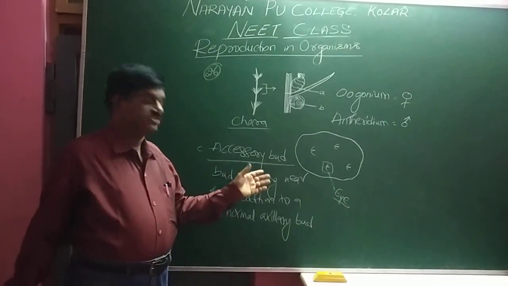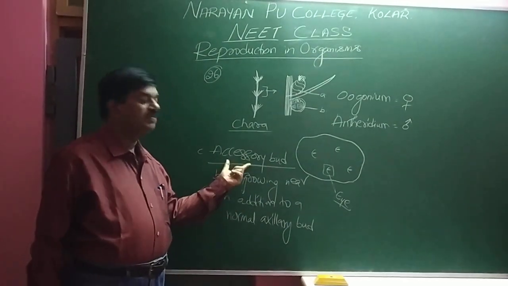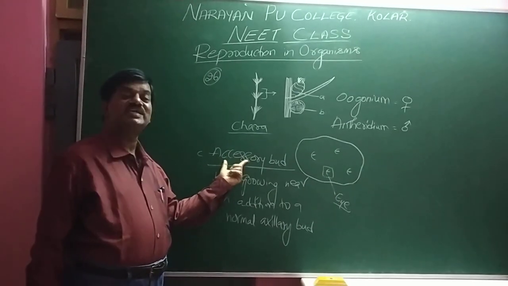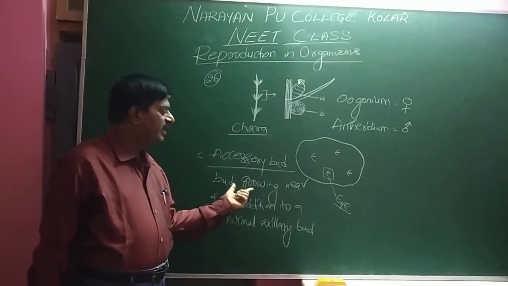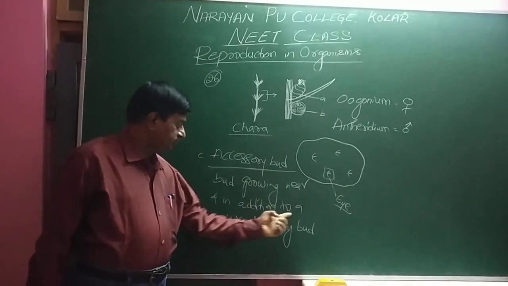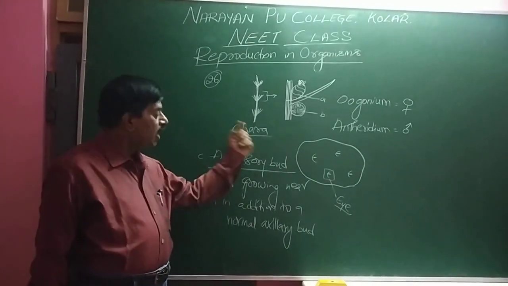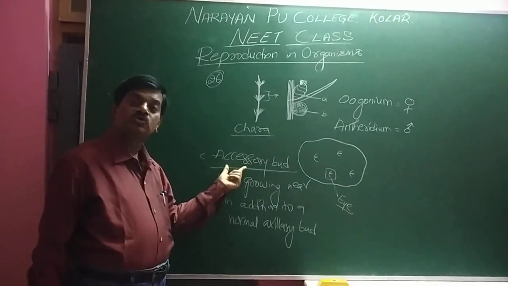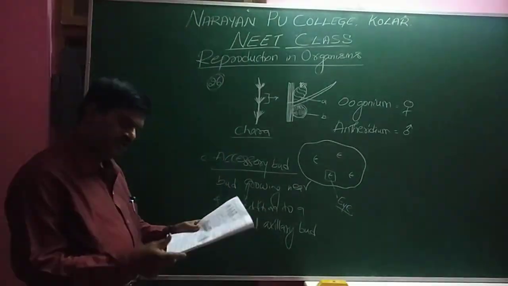I am giving you this because this type of question may be asked for 1 mark also. What are accessory buds? Buds growing near or additional to the normal axillary buds. Along with the axillary buds, outgrowths are produced, and these outgrowths are called accessory buds. But this is not the option.